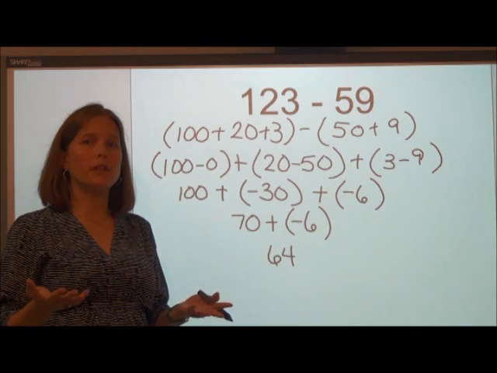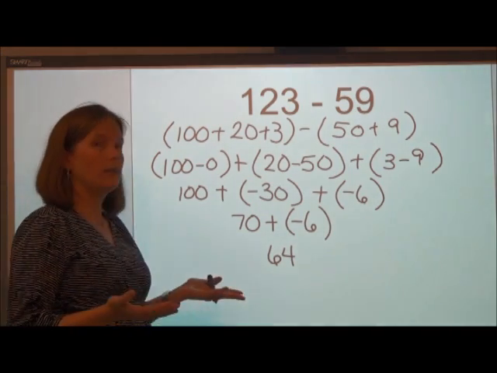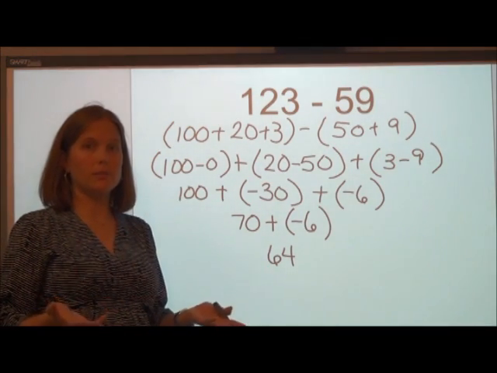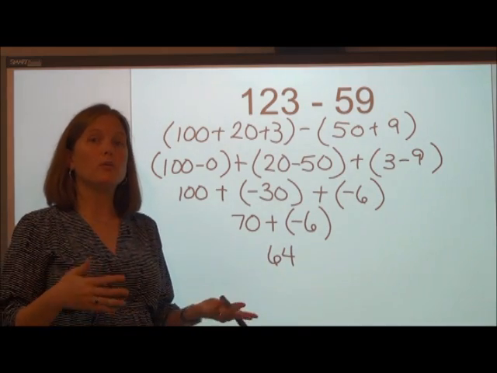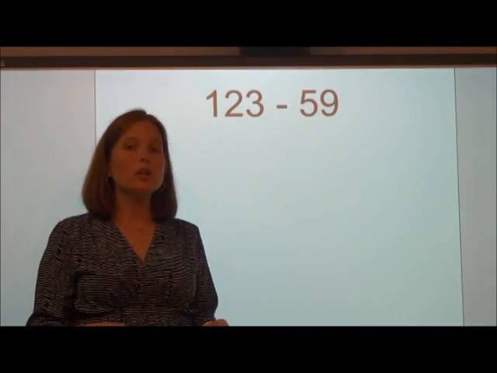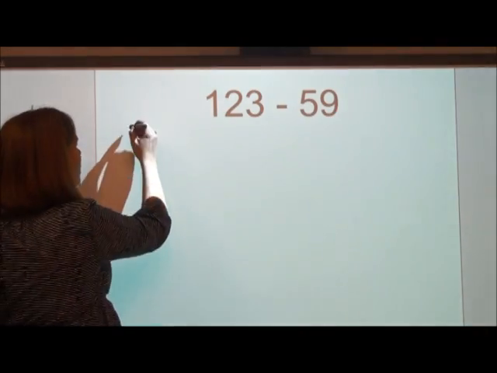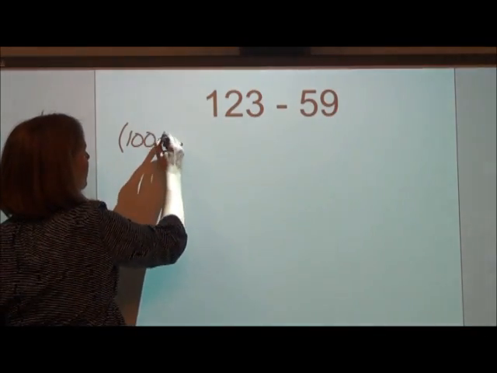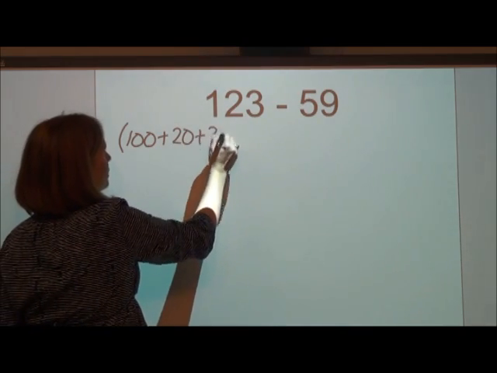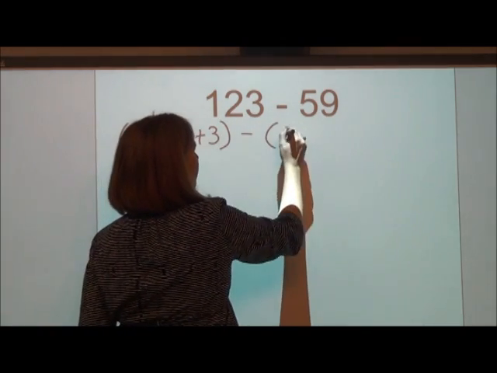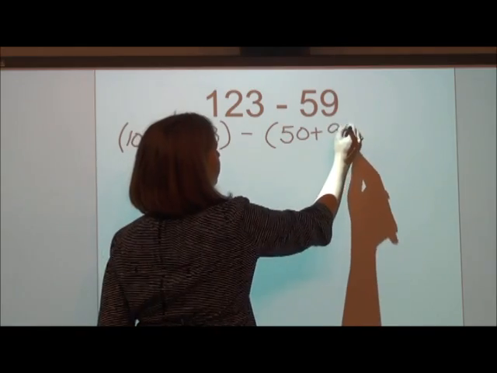If your kids aren't feeling comfortable with the negative number concept, you can always have them go through and regroup instead. So it's going to start the same way. We're going to break both of these numbers into their expanded forms. So we have 100 plus 20 plus 3. And we have 50 plus 9.